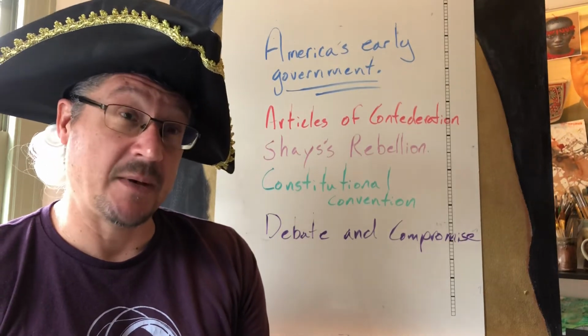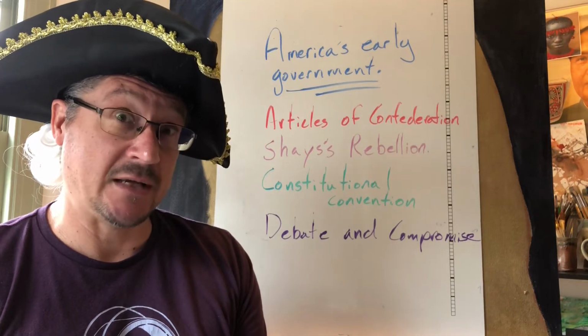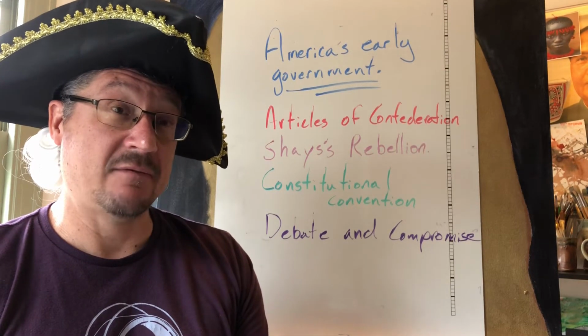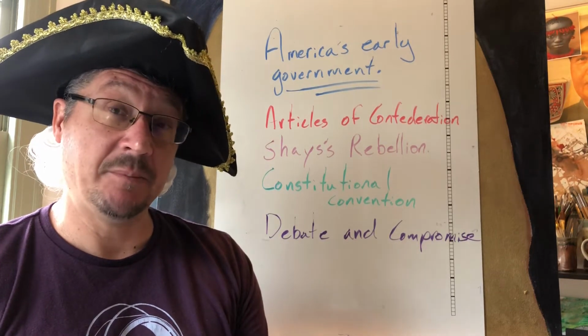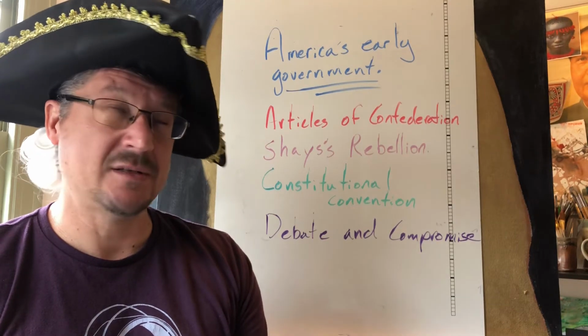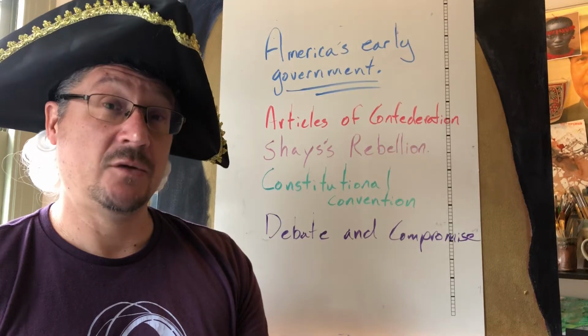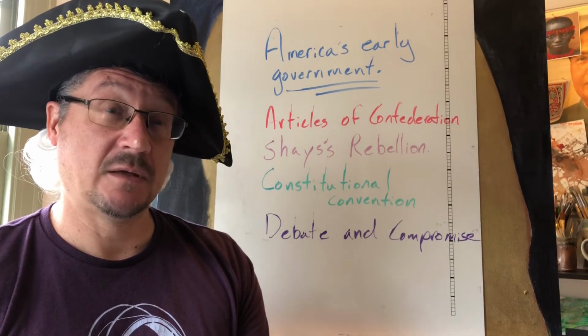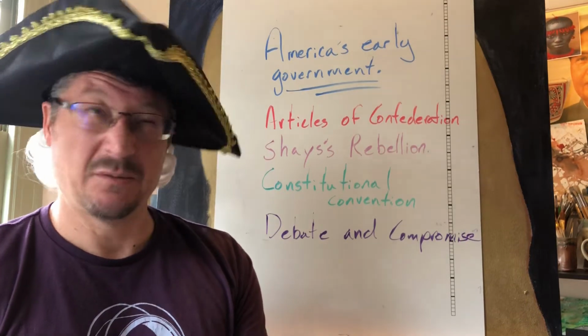Finally, they made a compromise. And what they ended up doing is splitting the Congress into two branches. And so we have the House of Representatives today, which is by the number of people in a state. So California has several, I think 50, I don't know, look it up, how many.